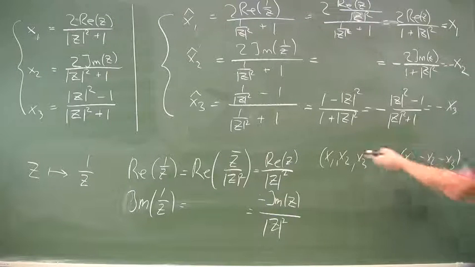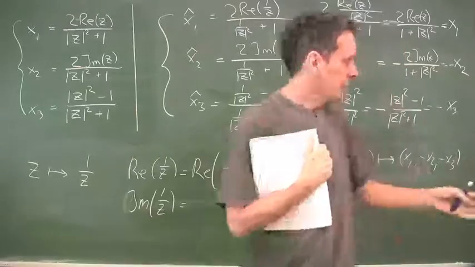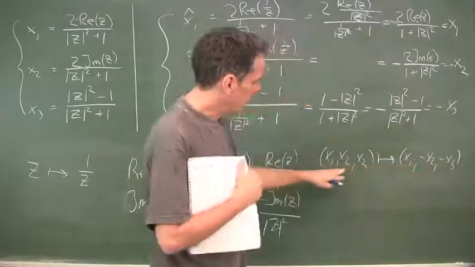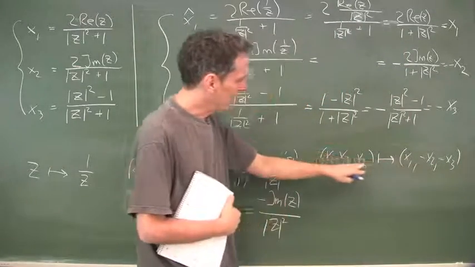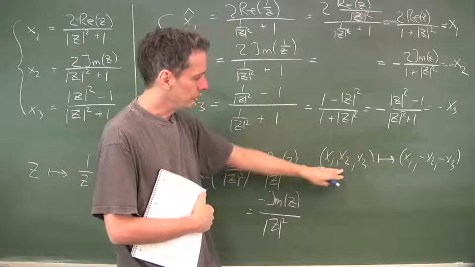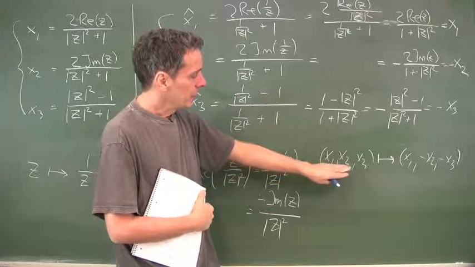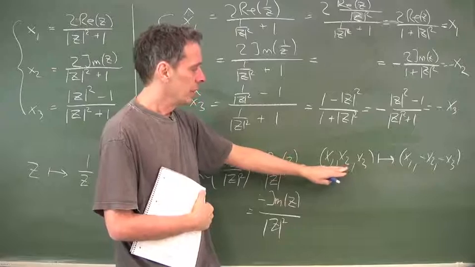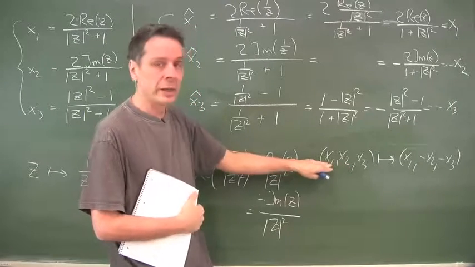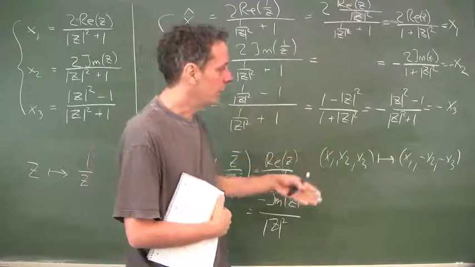So what kind of map is this? Well, if you think about it and remember linear algebra, you see that this is just rotation around the x1 axis by 180 degrees.